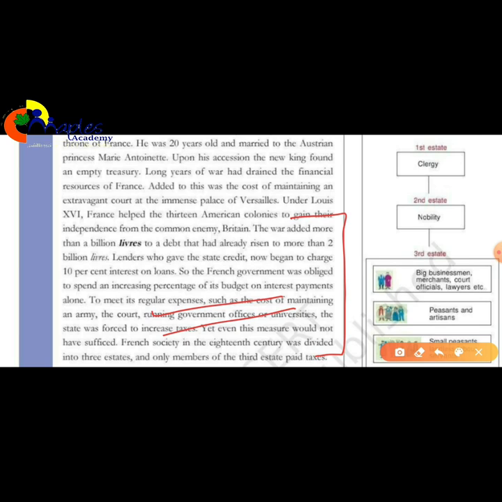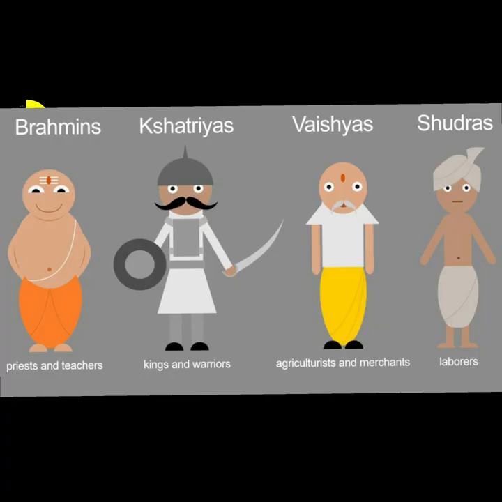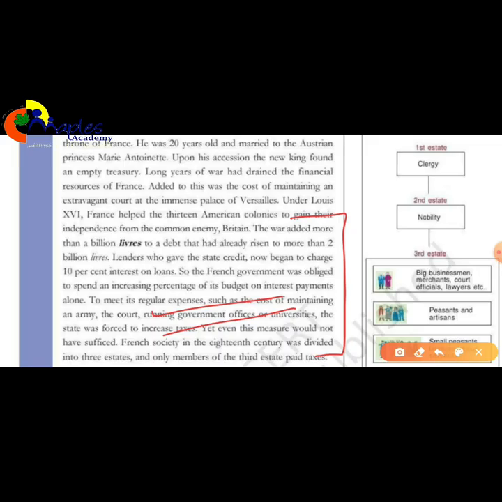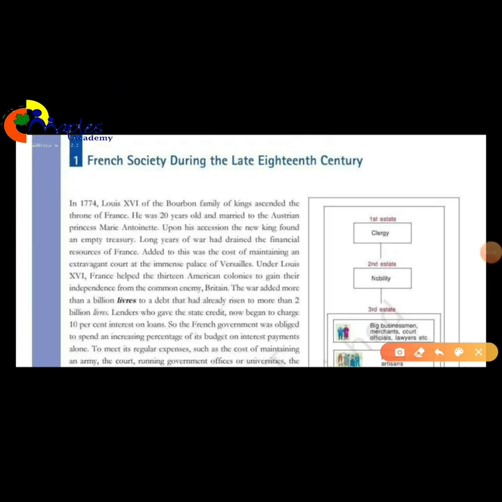Firstly, understand that as in India the society was divided by the Varna system, that is Brahman, Kshatriya, Vaishya and Shudra, in France the society was divided into 3 estates. The 3 estates were clergy, nobility and the 3rd estate.